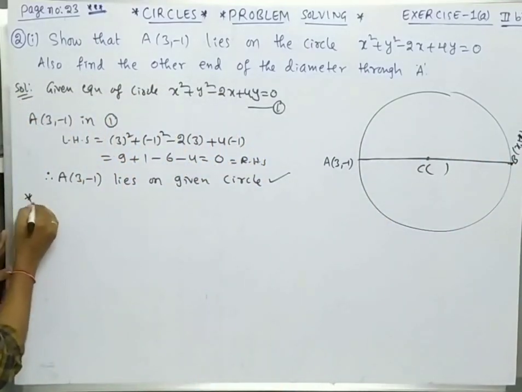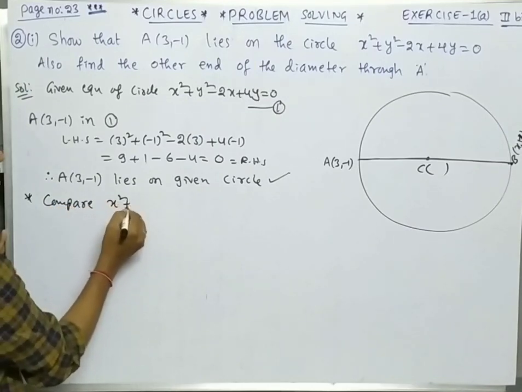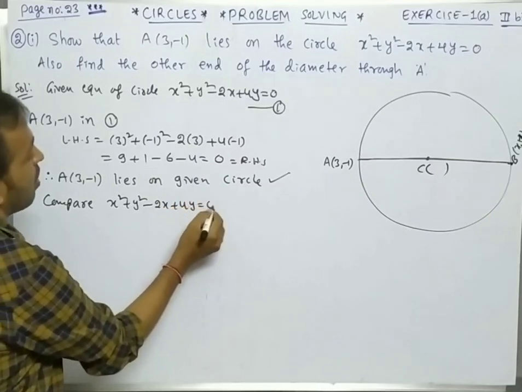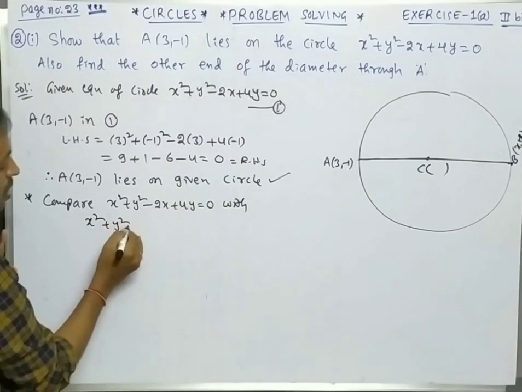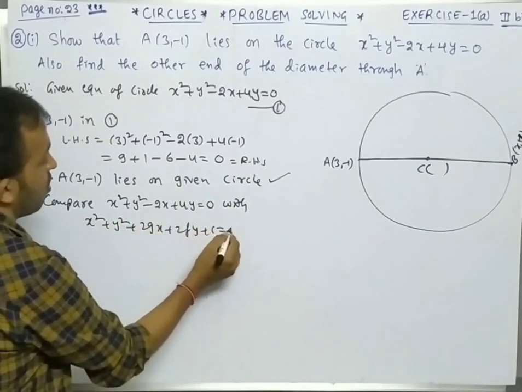Now compare x square plus y square minus 2x plus 4y is equal to 0 with the general equation x square plus y square plus 2gx plus 2fy plus c is equal to 0.